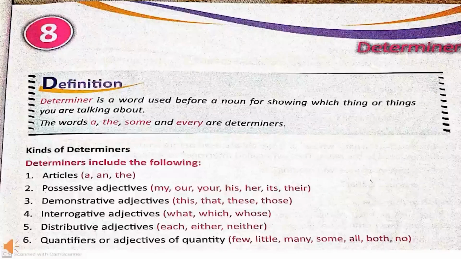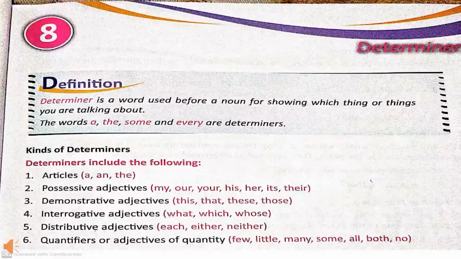First kind is articles, a and the. Second, possessive adjectives, for example, my, our, your, his, her, etc. Next is demonstrative adjectives, this, that, these, those. Fourth kind is interrogative adjectives, what, which, whose.